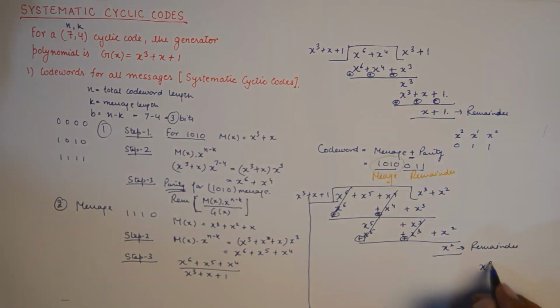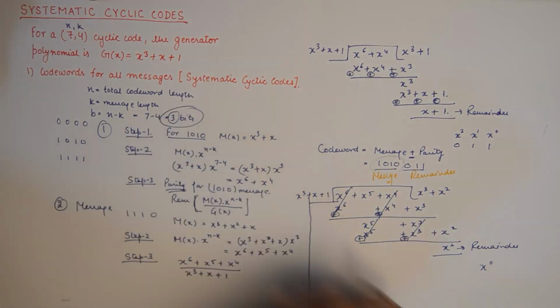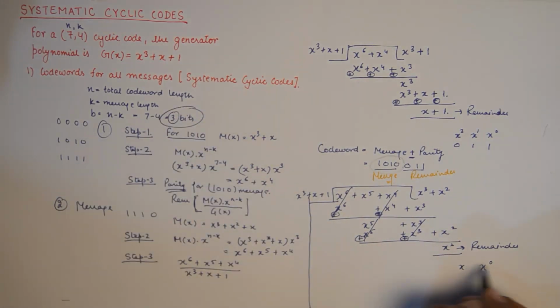Now because our parity is 3-bit, so checking it for x raised to the power 0, 1 and 2 terms, x raised to the power 0 term is missing, x raised to the power 1 term is missing, x raised to the power 2 term is there, so my parity becomes 1, 0, 0.